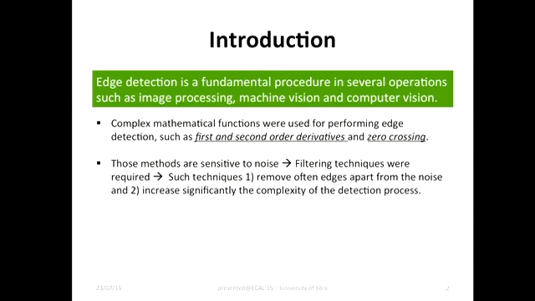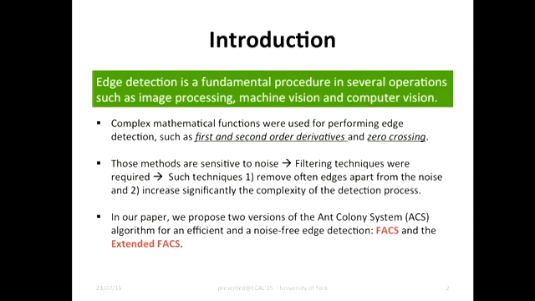That means we will then need filtering techniques, and using such filtering techniques first increases the complexity of the process, and may also lead to removing edges which we have already found in the image, simply because it may recognize them as noise, and they will then be removed.